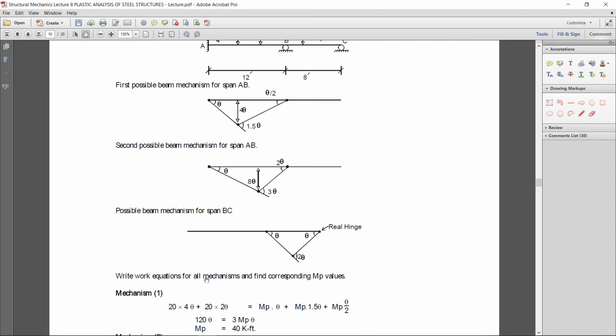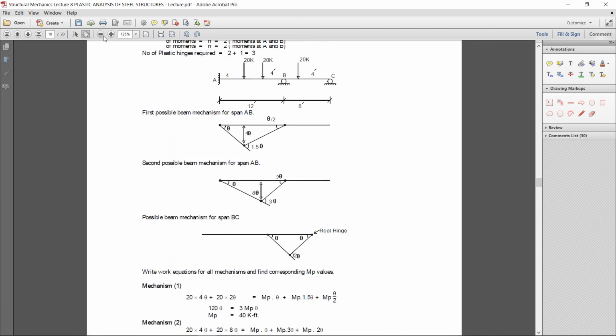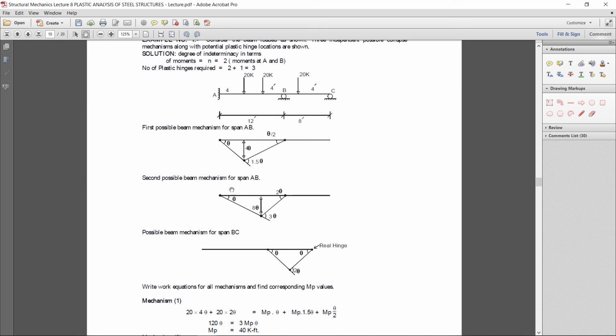First of all, mechanism 1. When mechanism 1 is formed, let me zoom out a little bit. Okay, here mechanism 1. If theta is on the left, due to the hinge formation, theta is the rotation at this support, then the length of the beam up to that point is 4, so the deformation at this location will be 4 theta.